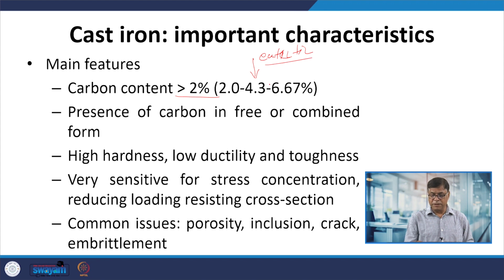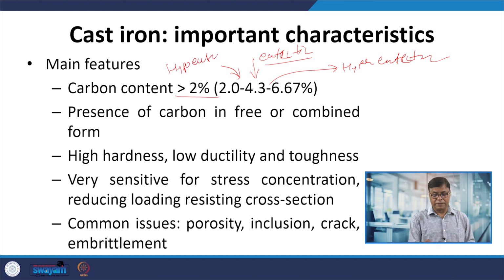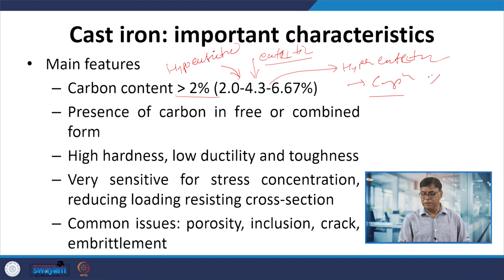If it is more than 4.3, then this is termed hyper-eutectic cast iron. And if the carbon content is between 2 and 4.3, then it is termed hypo-eutectic cast iron.